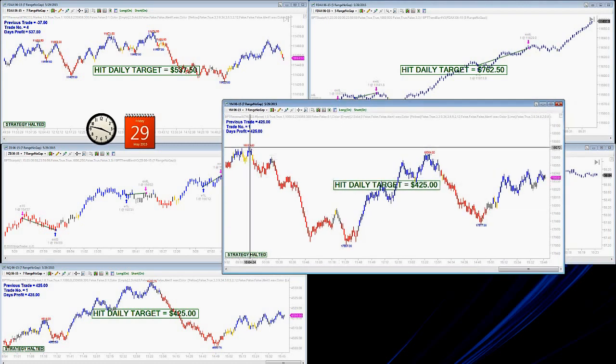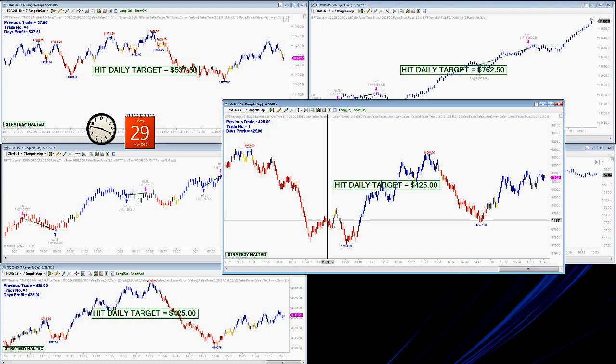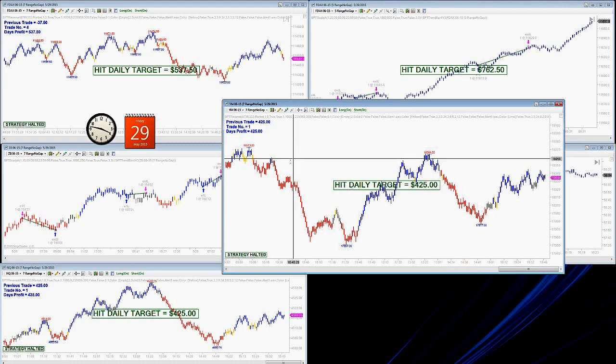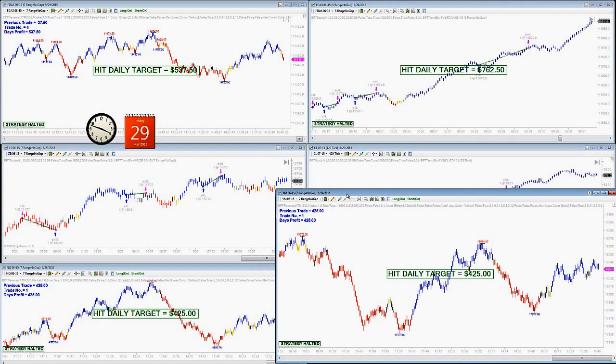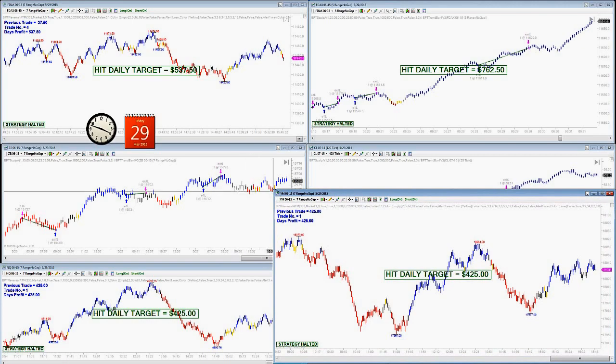And you can see the entries are 1, 2, 3, 4. So for a day like today, if you were running the auto trade all day long, you had 1 big ride, 2 big rides, 3 and 4. And this is a very big return on the amount you are investing.